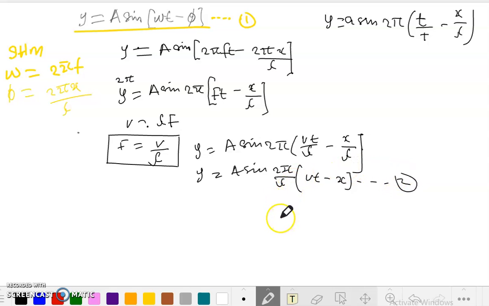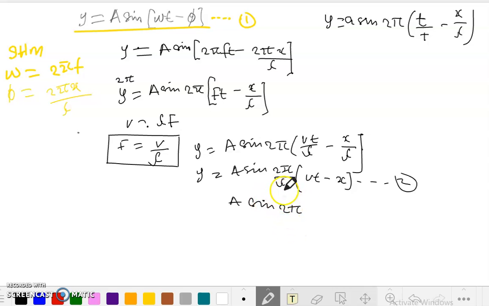We know that v is nothing but the wave speed, x is the horizontal displacement. So if v is the wave speed, it means that we can rewrite this to be a sine of 2 pi.